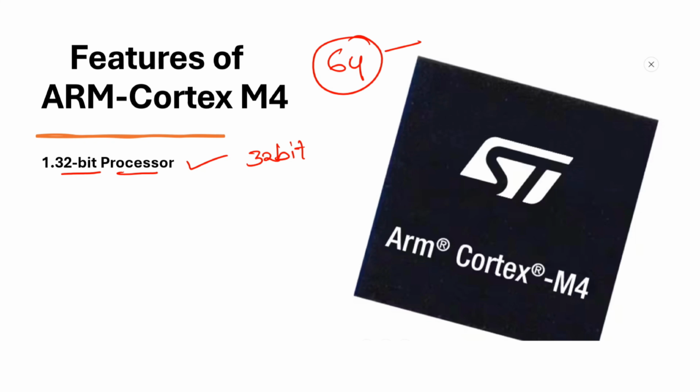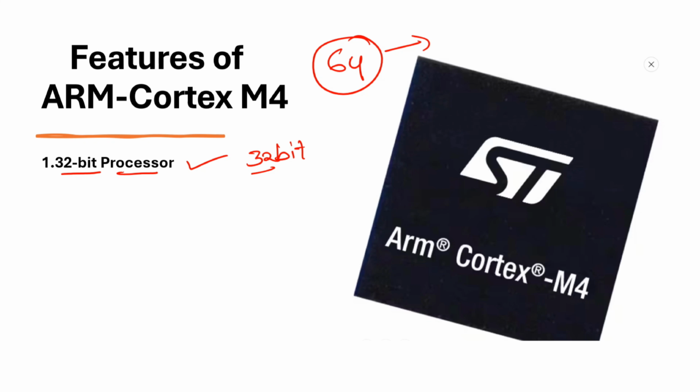A 32-bit processor is nothing but if our processor can read 32-bit data in one machine cycle, or if my processor can write 32-bit data in a register in one machine cycle, then I can call my machine a 32-bit processor. In one machine cycle, I can do a 32-bit operation. A 16-bit processor is nothing but if in one machine cycle I can do a 16-bit operation, then I can call that a 16-bit processor.